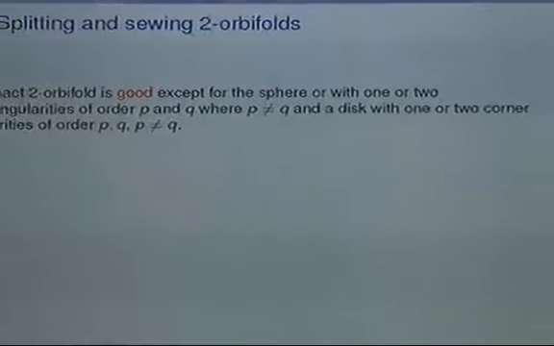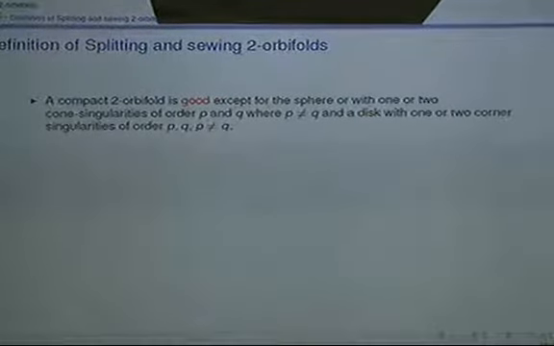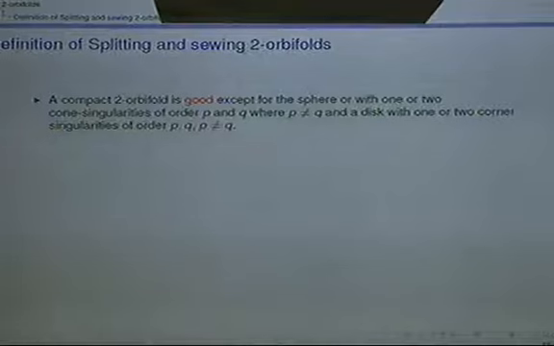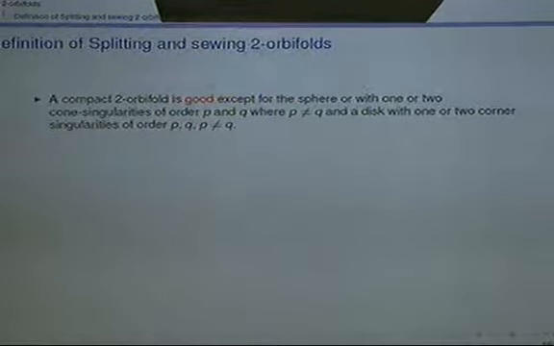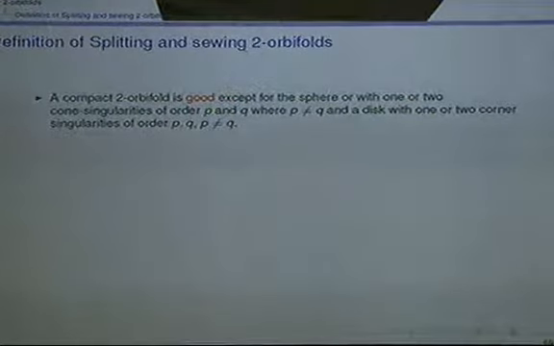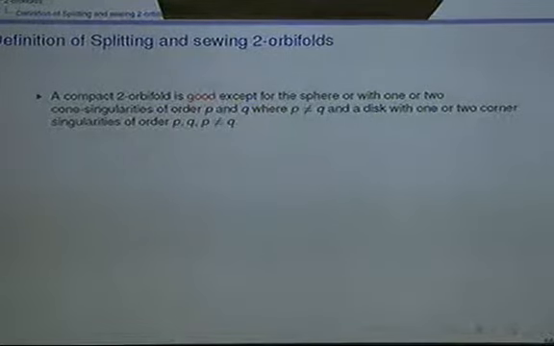Right. So now we can discover what are the good orbifolds and what are the bad orbifolds. Compact 2-orbifolds will be good except for the sphere with 1 or 2 singularities that I mentioned, of orders p and q which are not equal, and the disk with 1 or 2 cone singularities. So the only thing that fails to be good in 2 dimensions is this.